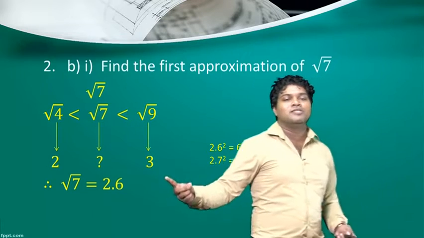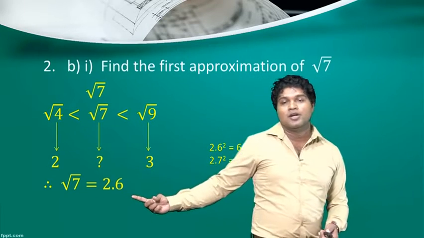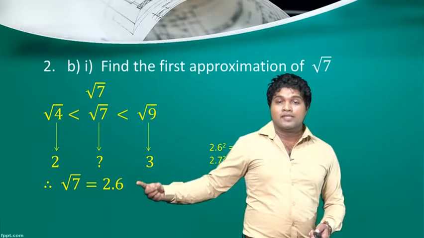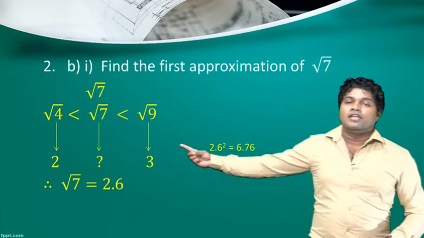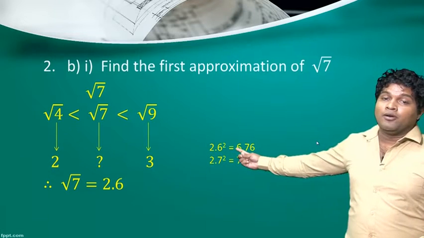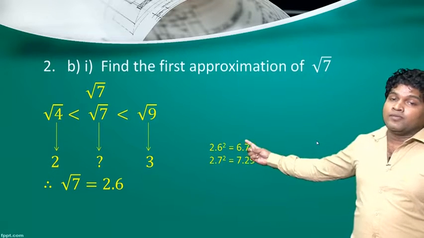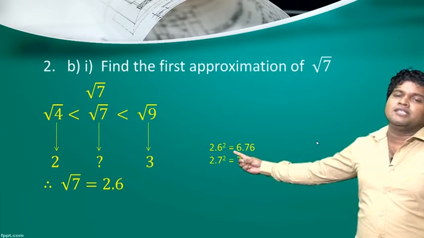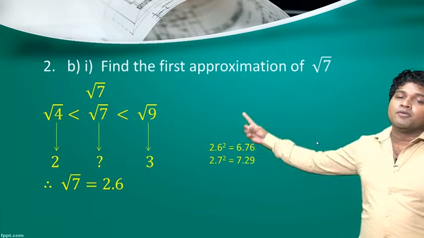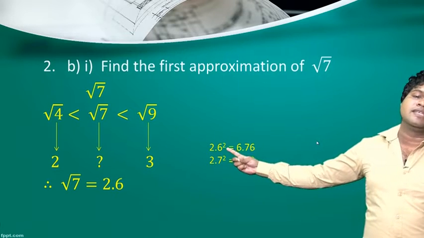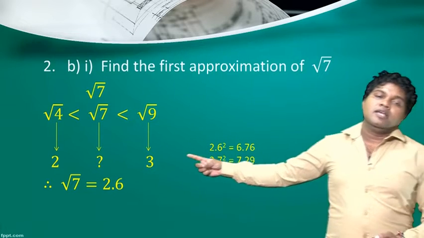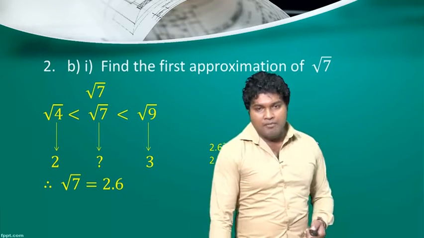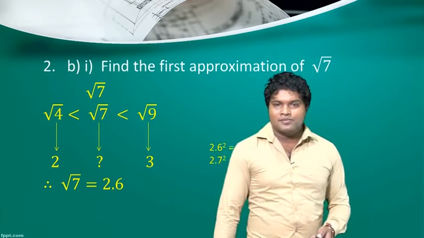Therefore, the square root of 7 is 2.6. If we square 2.6, the answer is 6.76, not exactly 7, so we cannot get 7. The approximated value for 7 is 6.76. That's why, instead of root 7, we take the square root of 6.76 as the approximation. So root 7 is 2.6 according to the first approximation. Okay.